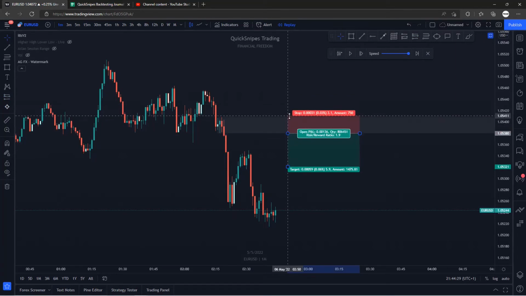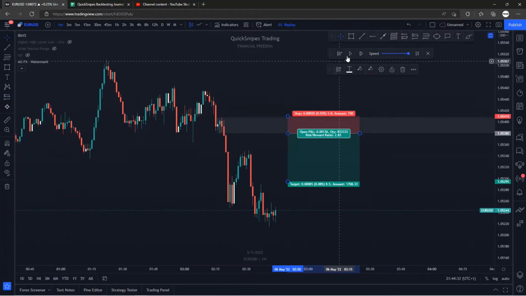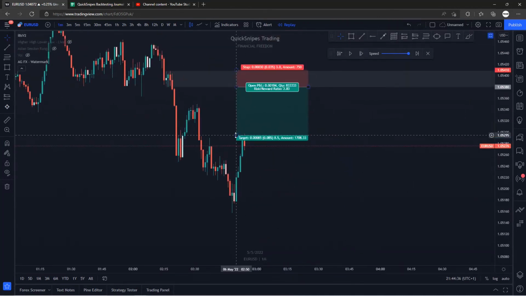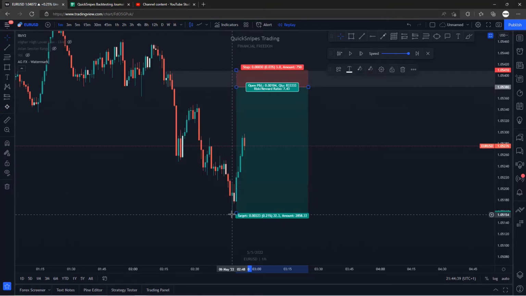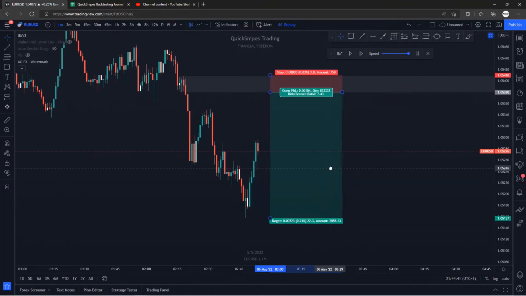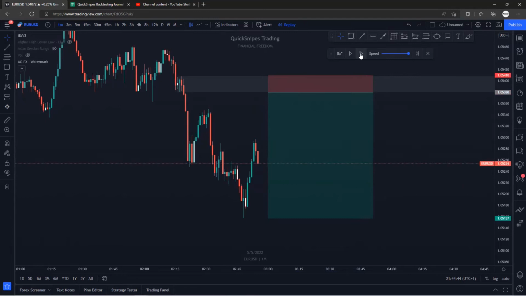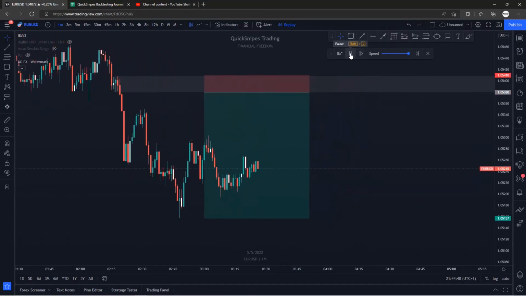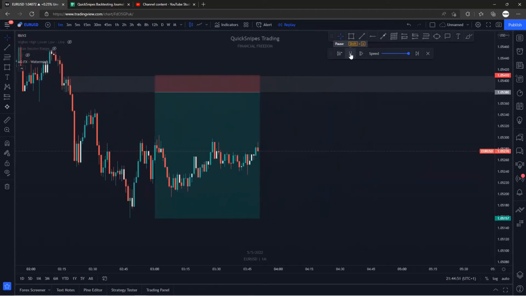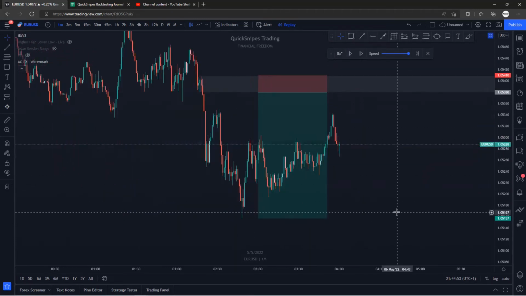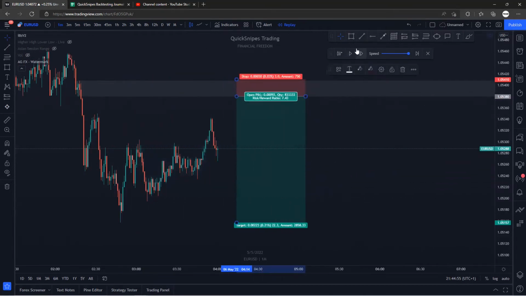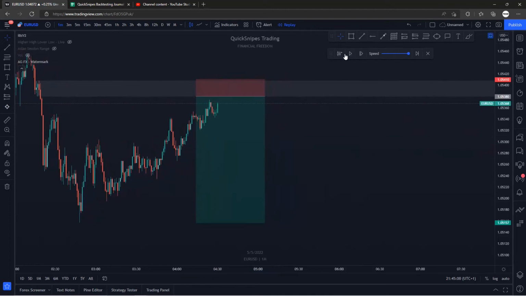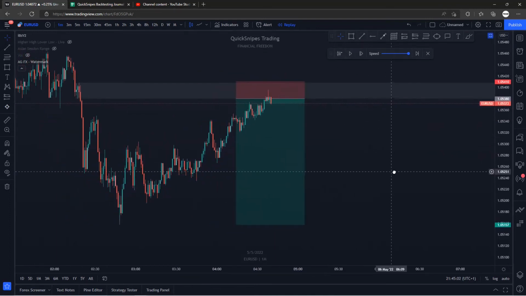380, 3 pip stop. Target we don't know until we start to see that move up. Okay, there's our target. Price ever gets to our entry level, there in.